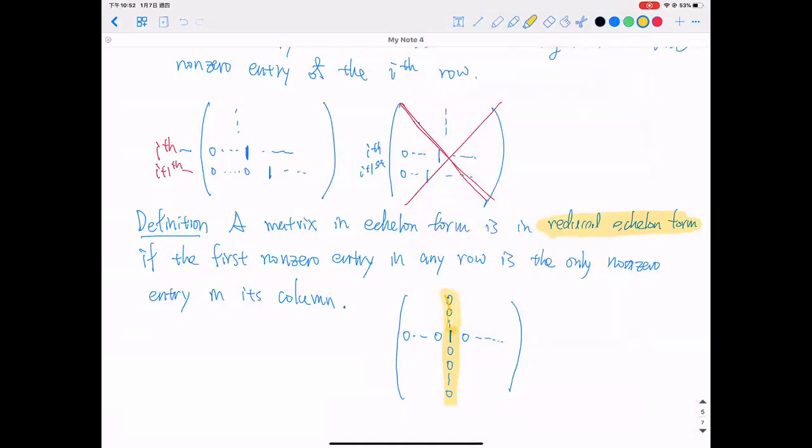Okay, it's just this. If in a row you have a non-zero entry, then the column containing that non-zero entry contains only one non-zero entry. Put it differently. Okay, now examples.